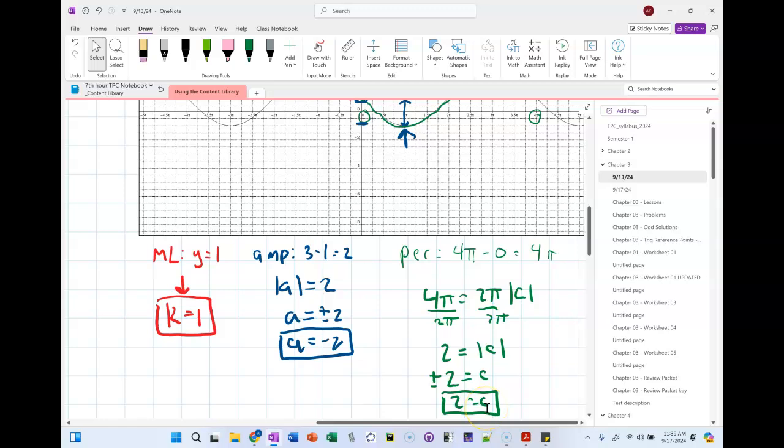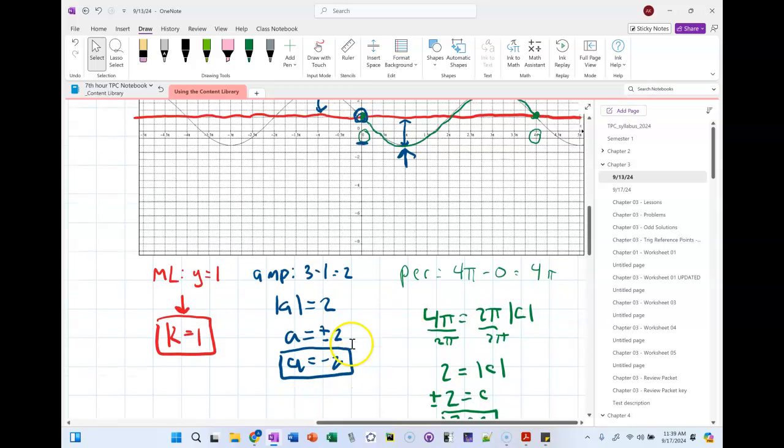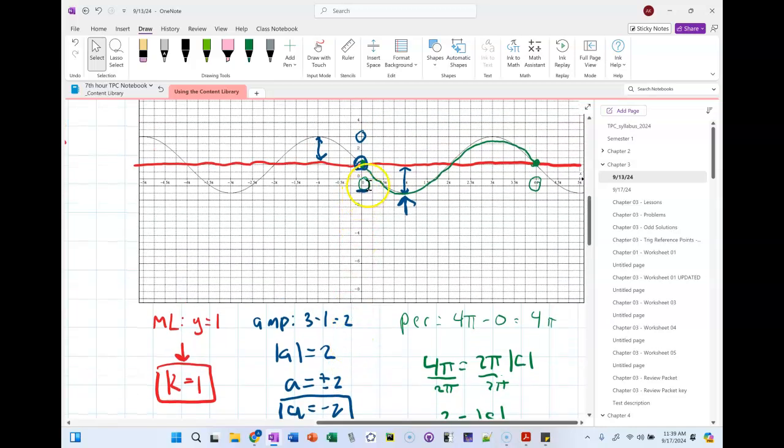Everybody's okay there? To figure out whether I want sine or cosine, I go back and look at x equals 0. At x equals 0, the graph is crossing the midline, so I know I'm going to write a sine equation here. Everybody's good with that? Because the next extrema after is a minimum, I know the a value I'm going to choose is the negative.